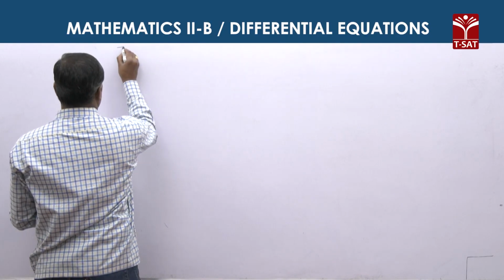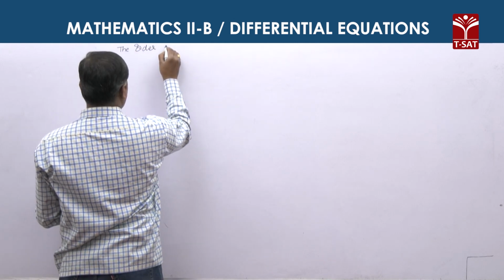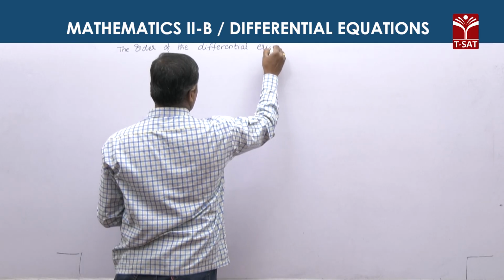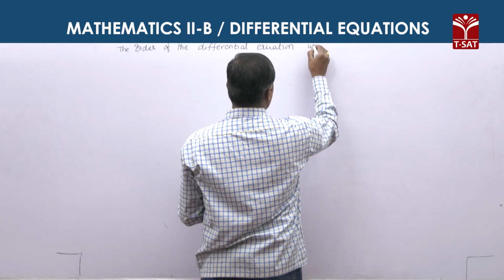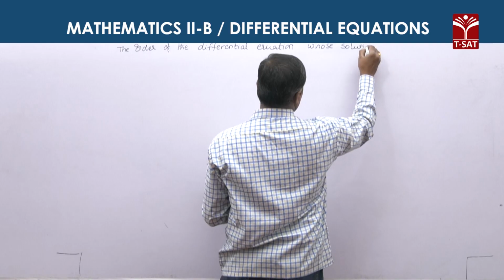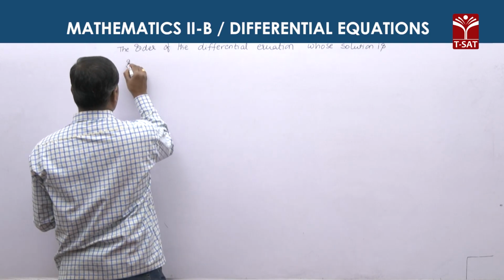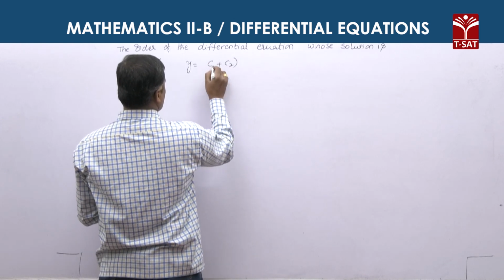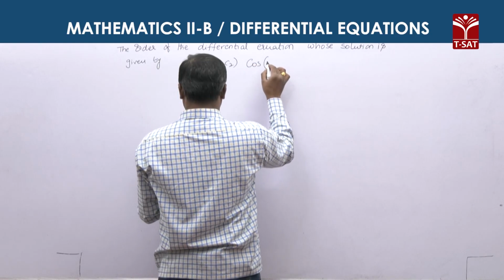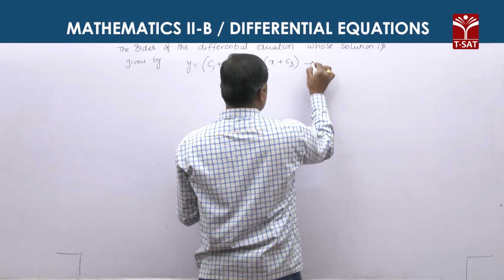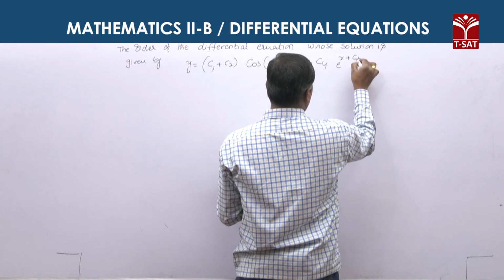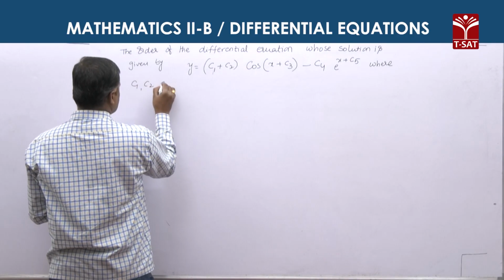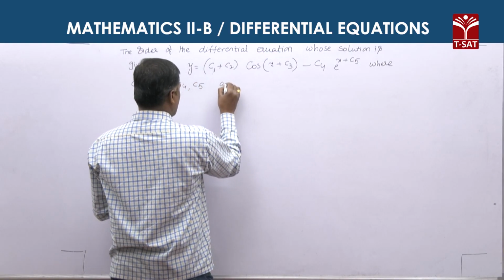Next problem. The order of the differential equation whose solution is given by y is equal to c1 plus c2 into cos of x plus c3 minus c4 into e power x plus c5, where c1, c2, c3, c4, c5 are arbitrary constants.